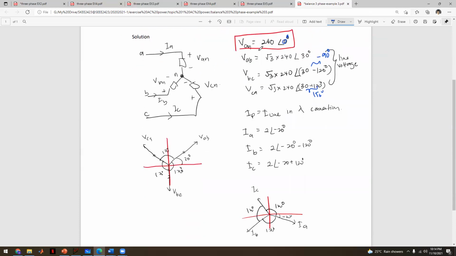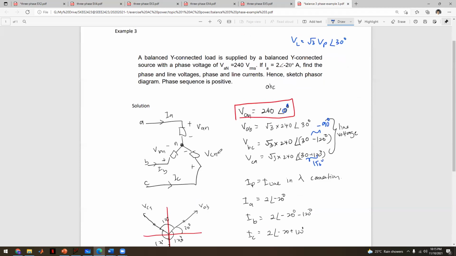If you plot the line voltage, you will have it like this: VAB, positive sequence, VAB, VBC, and VCA.